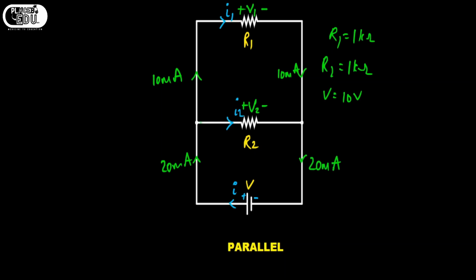What we have to do is find the KCL at this node. KCL should be calculated at nodes. So at this node we have one current entering into the node, that is I, and two currents passing out of the node, that is I1 and I2. So from KCL we have I equals I1 plus I2, right?